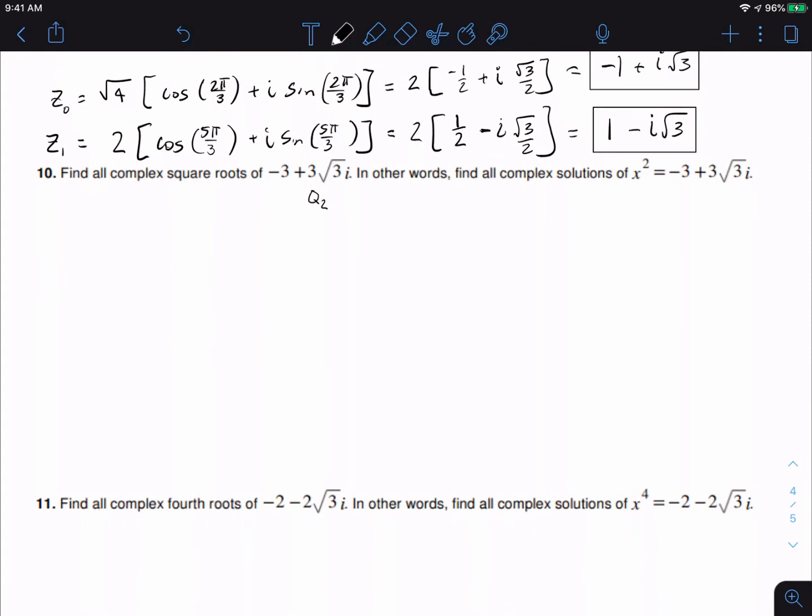And so first thing I'm going to do is I'm going to find my R. Is that what you guys got for your R? Okay.